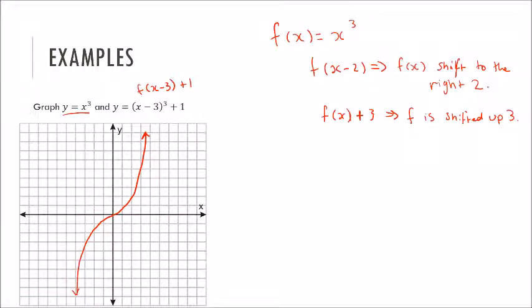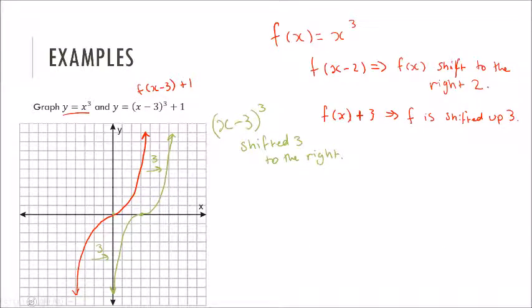So I go x minus 3 cubed, that is shifted 3 to the right. Where I originally hit my axis at 0, I'm now going to hit my axis at 3 instead, so it's going to look something like that. Everything's just been moved to the 3, whether my scale shows it or not.